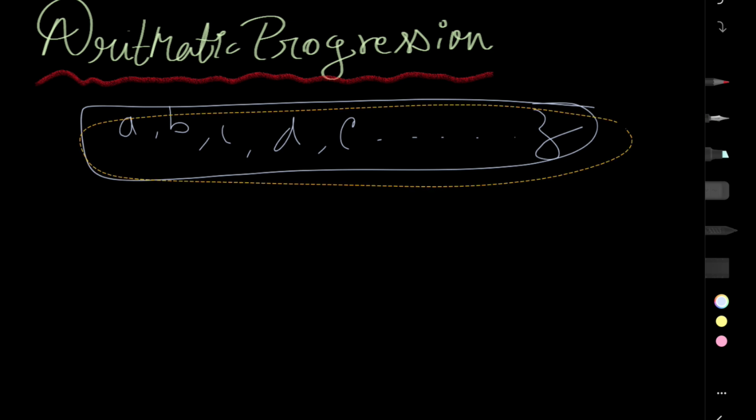Progression is a series which has a definite manner. For example, let me take an example: 2, 4, 6, 8, 10, 12 and so on up to 20.